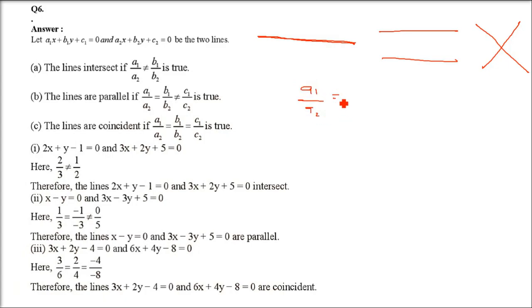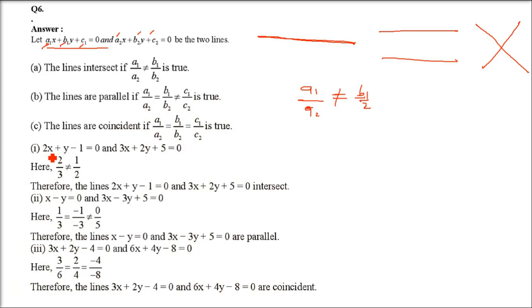So if you have equations of the sort a1x plus b1y plus c1 and a2x plus b2y plus c2, then take the coefficients of x, y, and the constant terms. If a1 by a2 is not equal to b1 by b2, then the lines are intersecting.